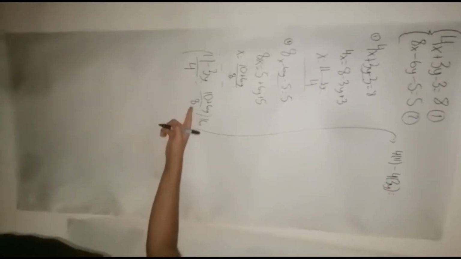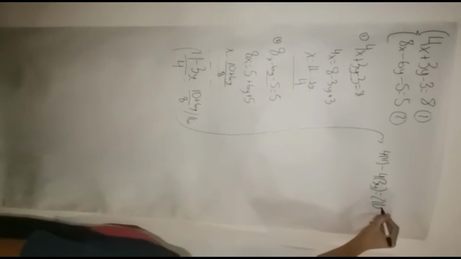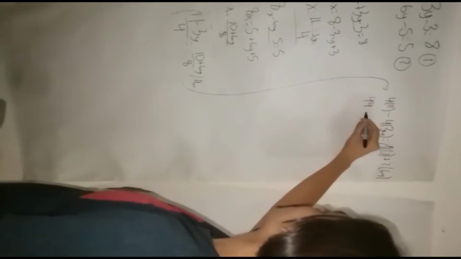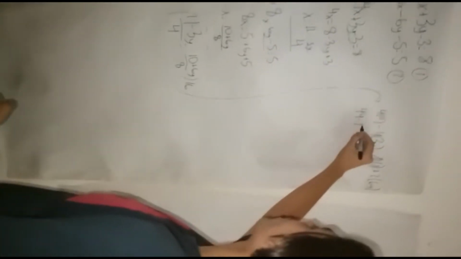That gives us 44 minus 12y equal to 20 plus 12y. We have to clear the y to find its value. We pass the minus 12y to the opposite side with its negative sign, and we pass this here with a negative sign because it is positive.